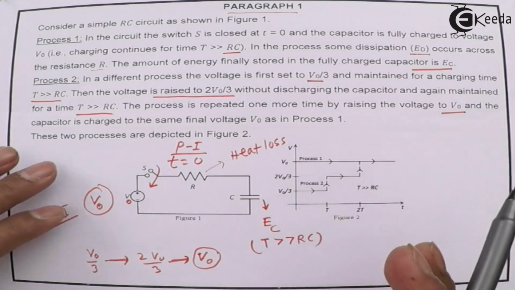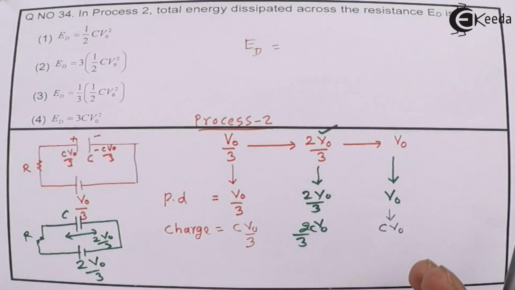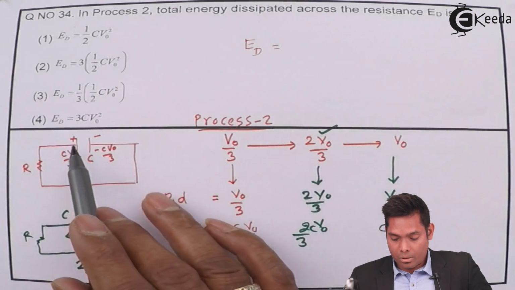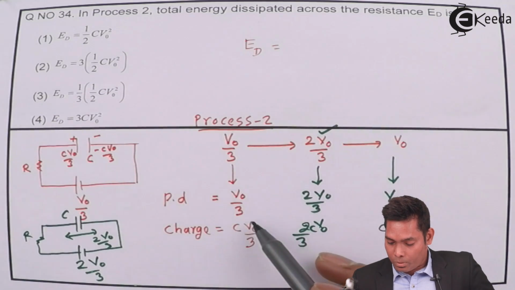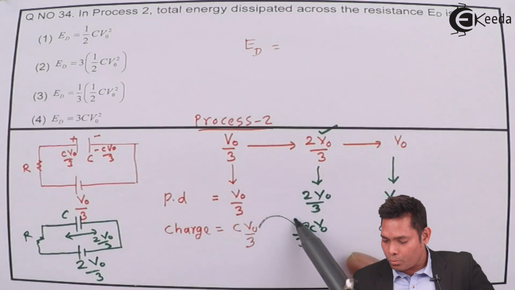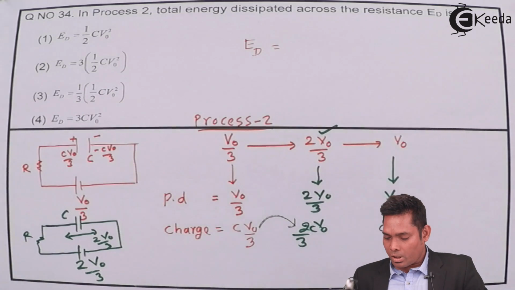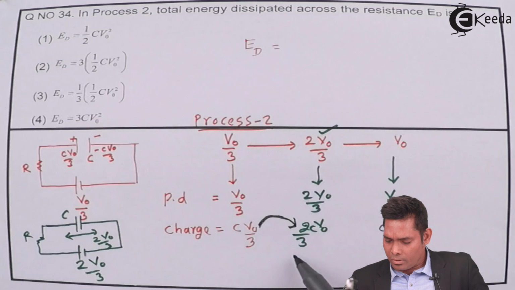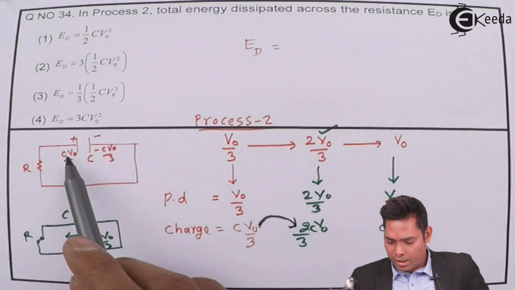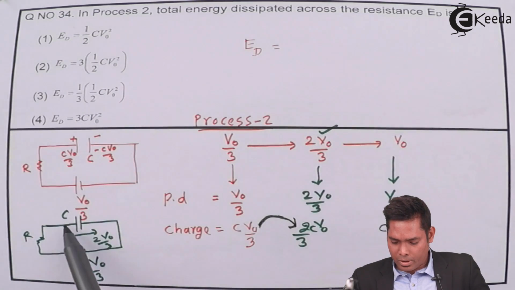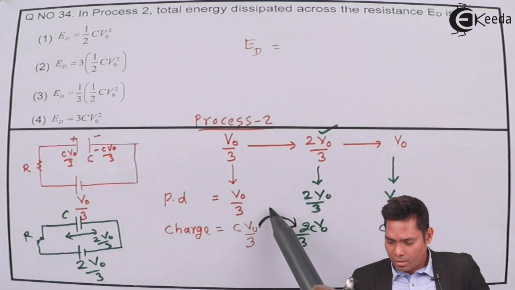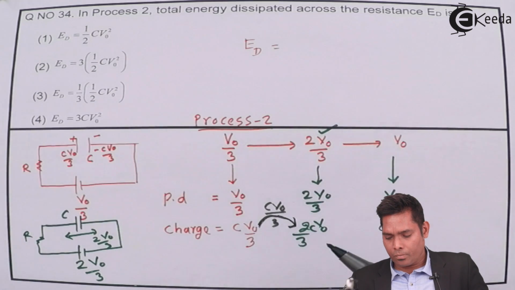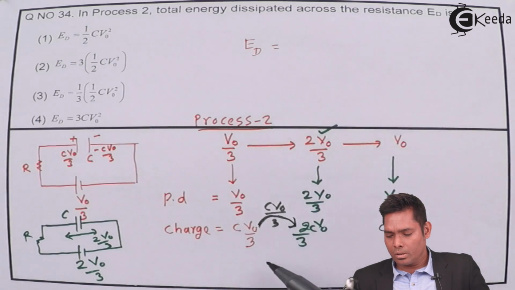That means the capacitor that was previously charged with the voltage V naught by 3 keeps its charge. From this charge to this charge, how much charge is transferred? Initially it was here, now it is 2 V naught by 3 here. So obviously there is a charge transfer of CV naught by 3. This plus this becomes this.